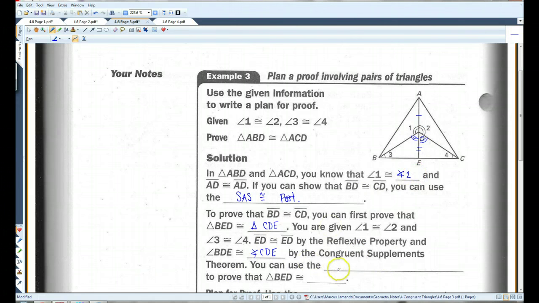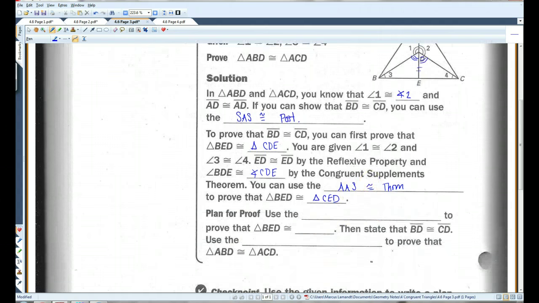You can use the AAS Congruence Theorem to prove that triangle BED is congruent to triangle CED. Okay, so the plan for the proof, use the AAS Congruence Theorem to prove that triangle BED is congruent to triangle CED.